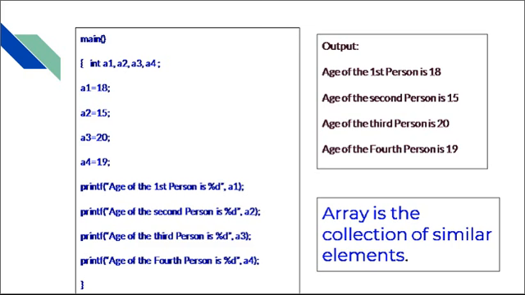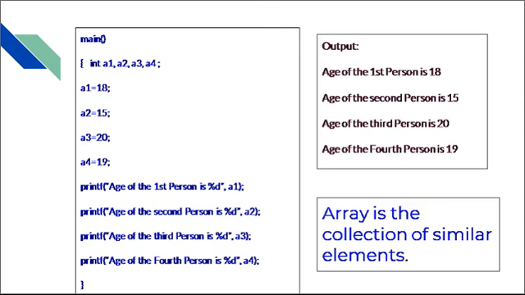Okay, so here understand one thing, managing more number of variables is not easy. It is very difficult. To handle this situation, what do we have to do? Suppose I want to read and display the ages of 1000 people.